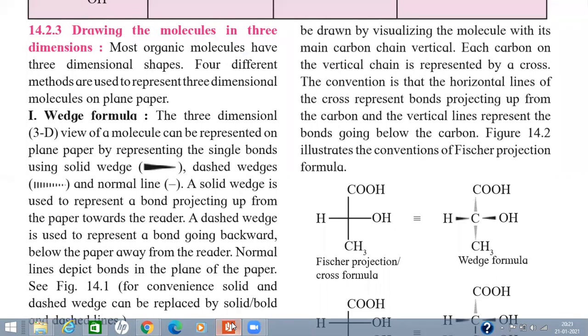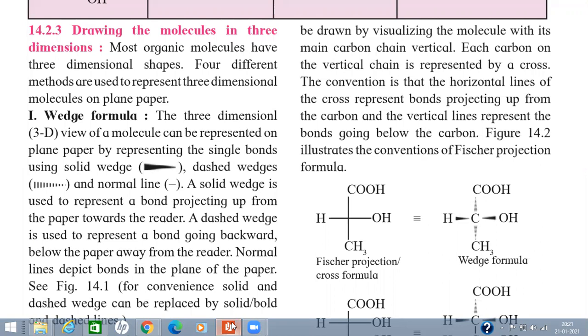Then we studied the condensed formula, then the one-line formula. These are two-dimensional representations of molecules. In today's lecture, we will study how a molecule can be represented in three dimensions.